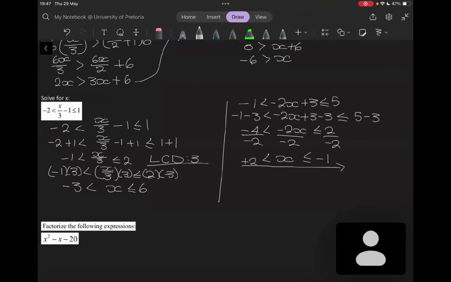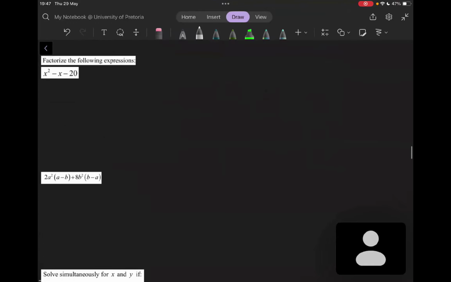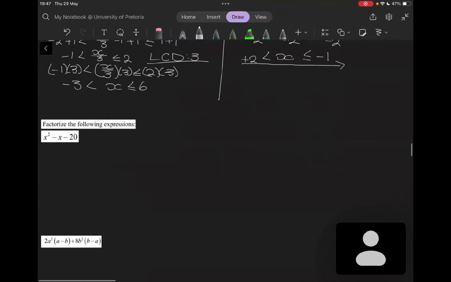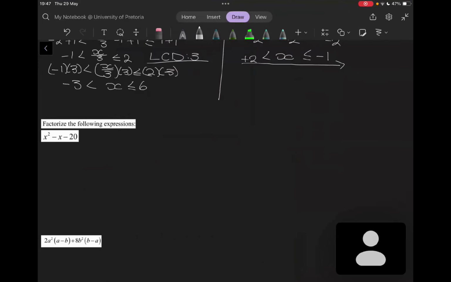We have just a few minutes left, right? And these questions over here are asking us to factorize. I'm just going to run through factorization to make sure that we're all clear on it. So yeah, we want to factorize x squared minus x minus 20, right? Let's do so.